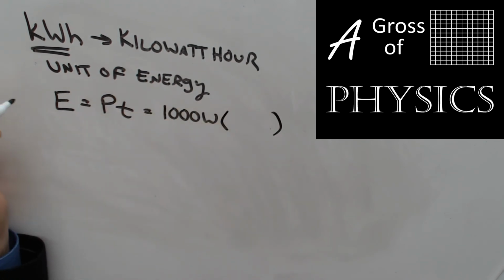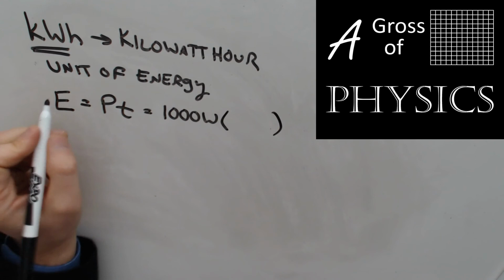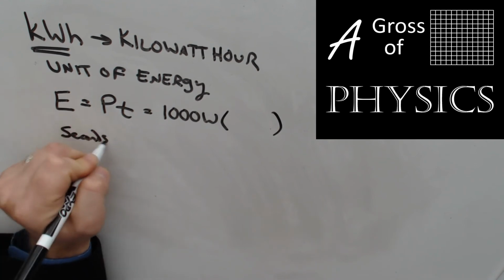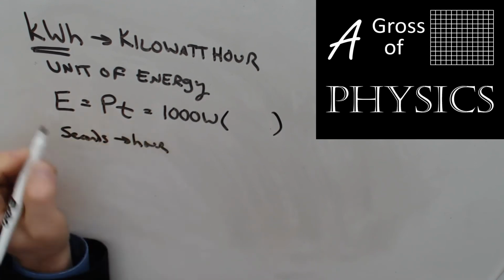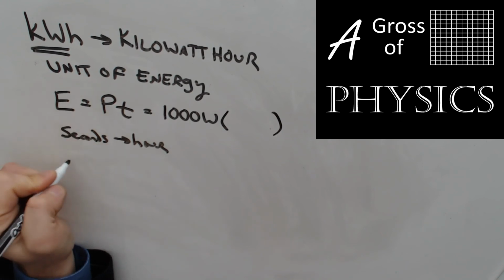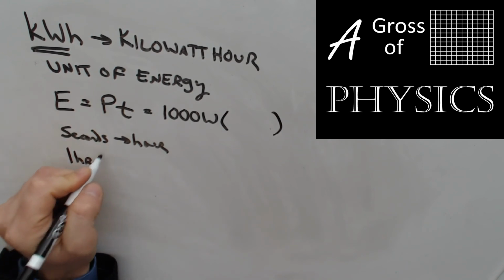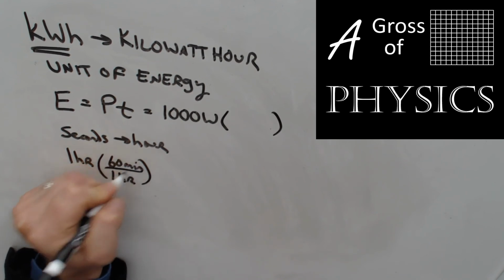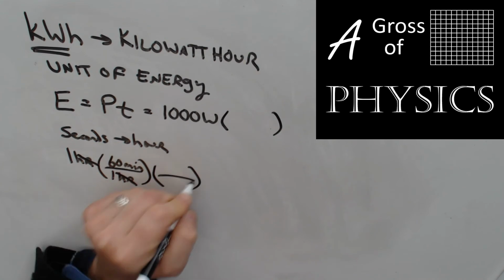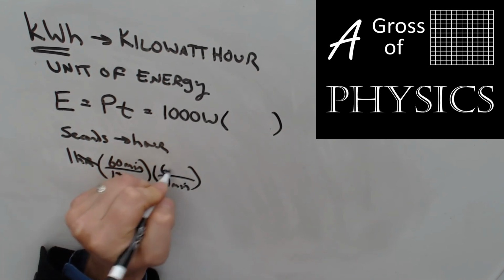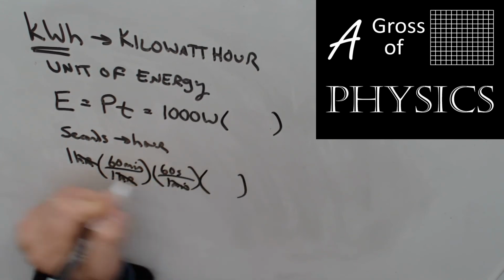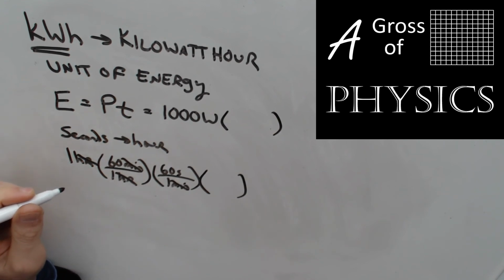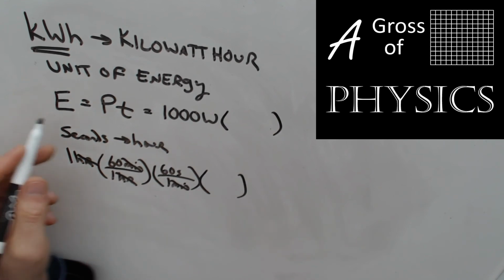Now, the biggest problem we have in this course is conversions, and that's typically what my students struggle with all year. So one more time, how many seconds are there in an hour? Well, if you need to go through the process, here it is one more time. 1 hour is 60 minutes. And 1 minute is 60 seconds. So the minutes cancel, and we're left with 60 times 60, which is 3,600.